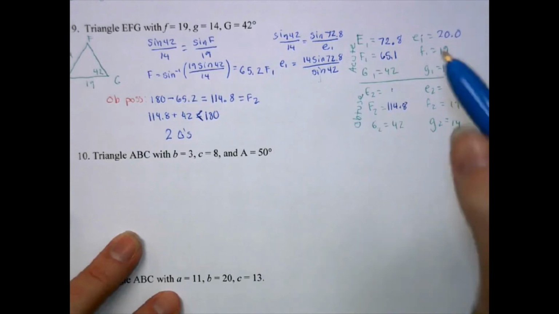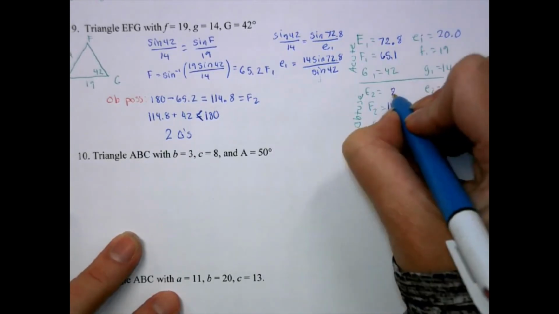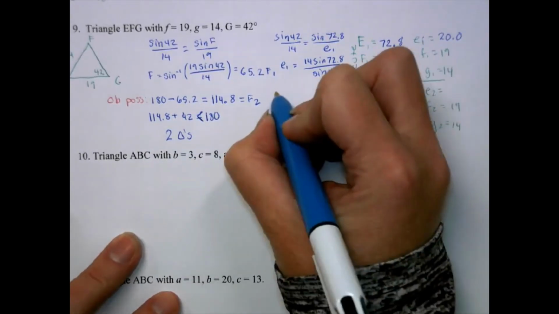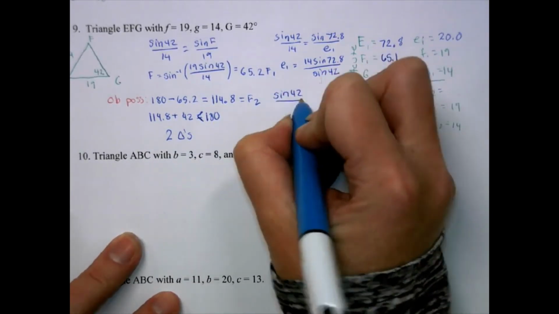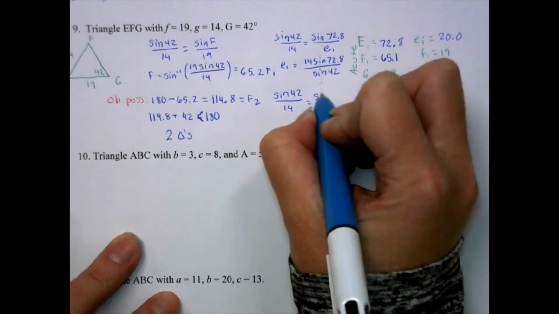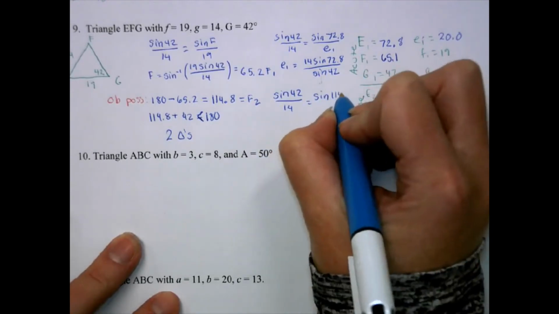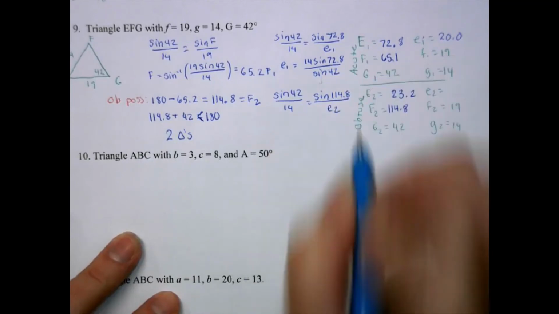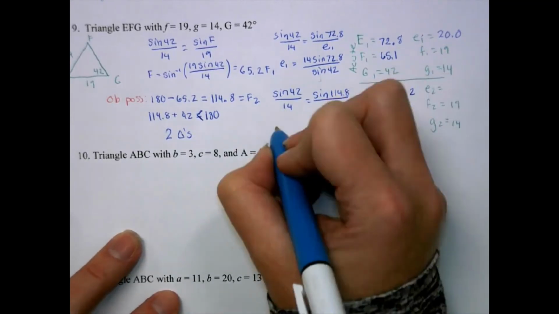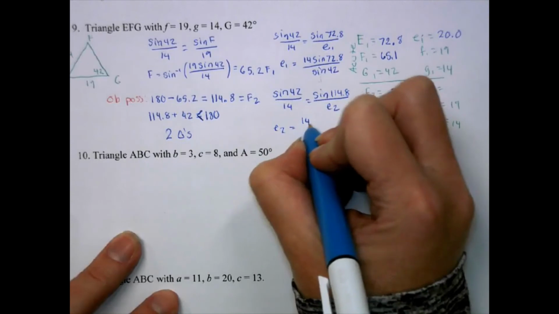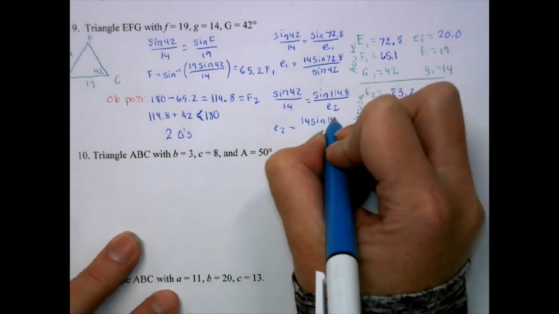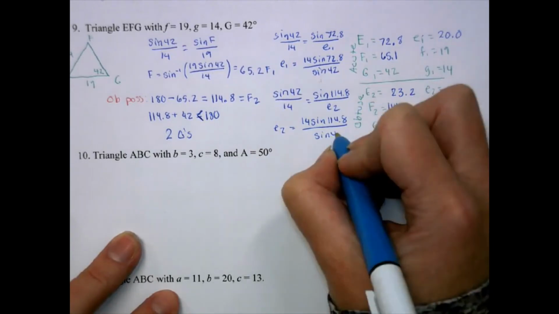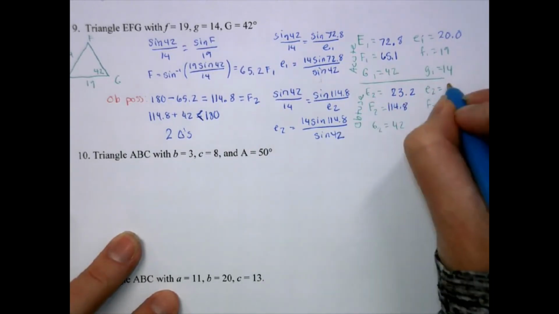So we subtract from 180 to get this one, which is 23.2, and then do one more law of sines. So E2 is going to be 14 sine 114.8 over the sine of 42, which gives us 8.2.